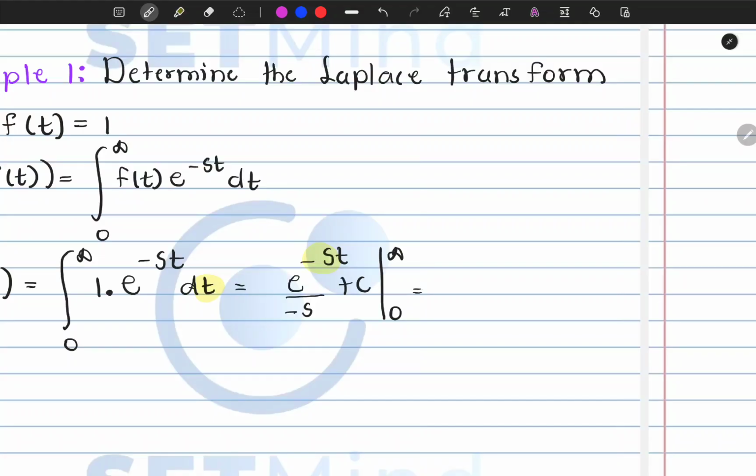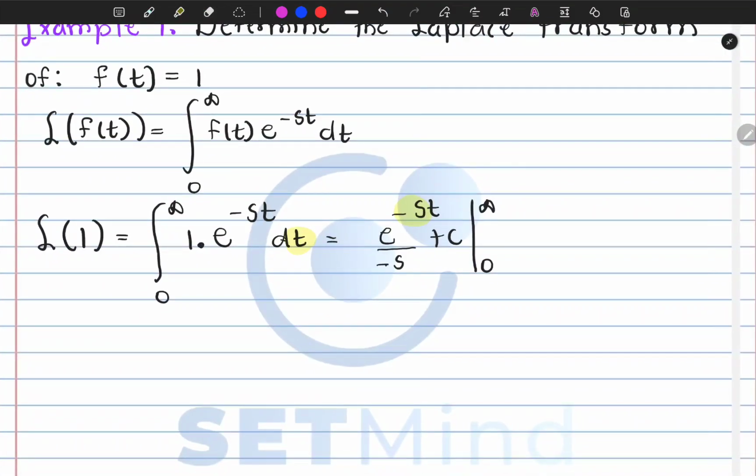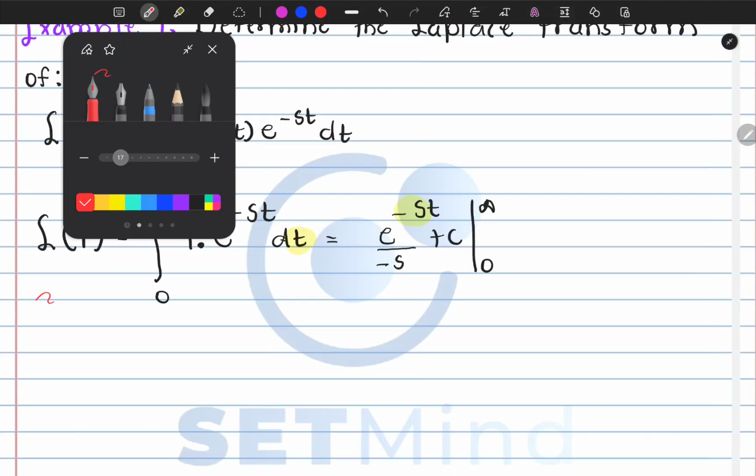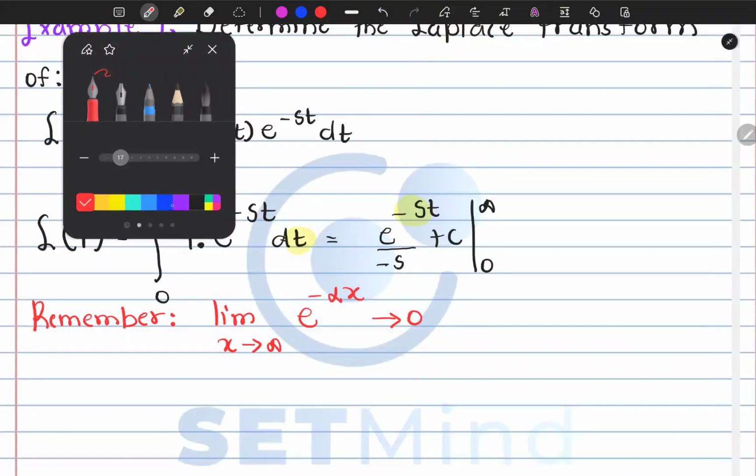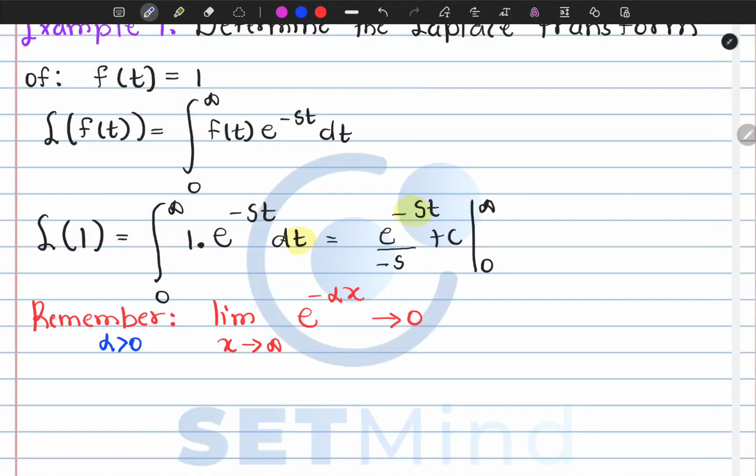For the first part, what we have is the limit, and there's something I want to remind you of before I even go there. It is something you should have done in early mathematics: the limit as x approaches infinity of, let's say, e to the negative alpha x will approach 0 as long as alpha is greater than 0.